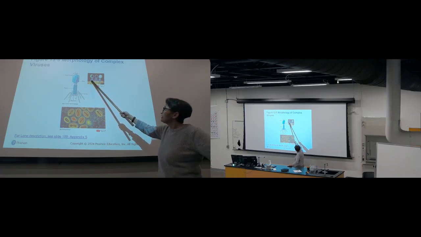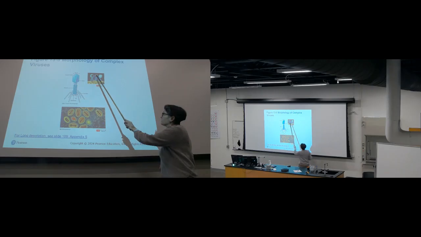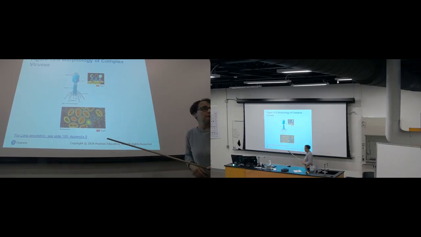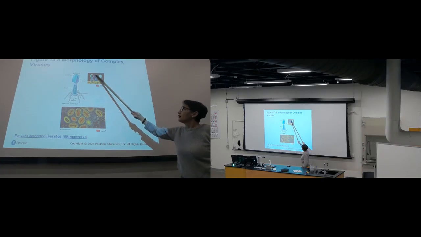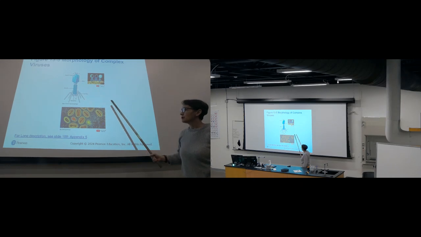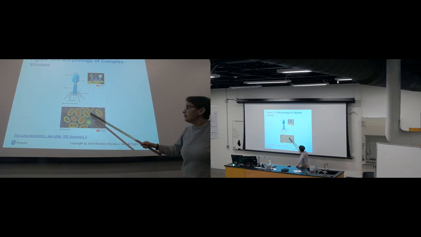So the DNA passes through this part. And then this bacteriophage in the middle completely emptied its DNA. That's why you see this dark part, because it doesn't have the DNA. The DNA already went into the host. And then we have here another complex virus, like orthopox virus. It has a shape like, from my perspective, a football.